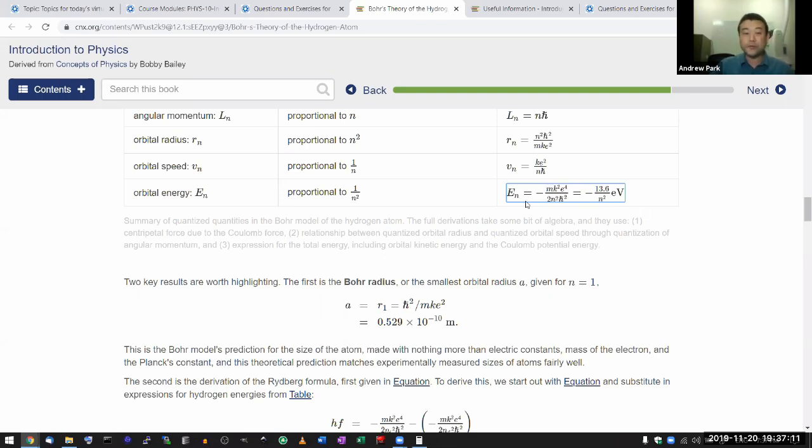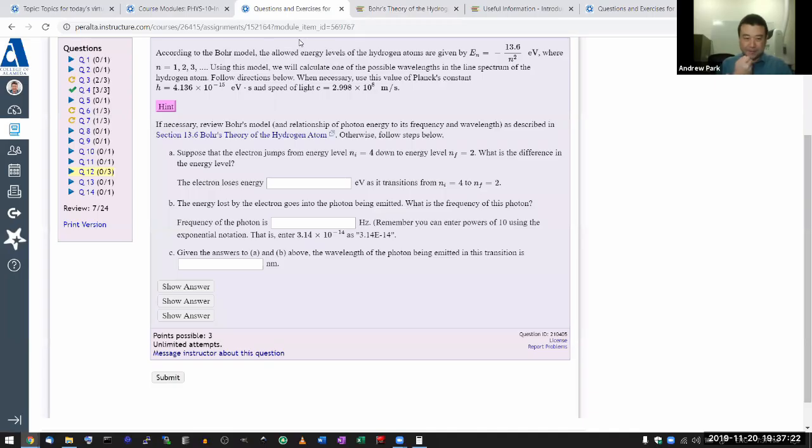What's useful for you is that the energy levels of the electron are given by this. Yeah, that might be something I should have fixed. So let me write it down here. The energy levels of the electron characterized by the quantum number n is minus 13.6 electron volts over n squared.